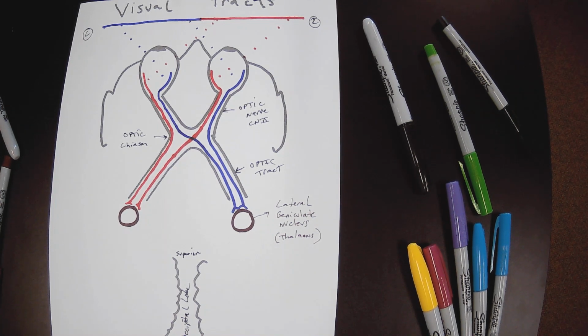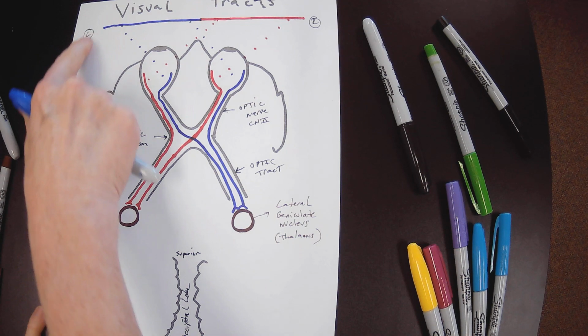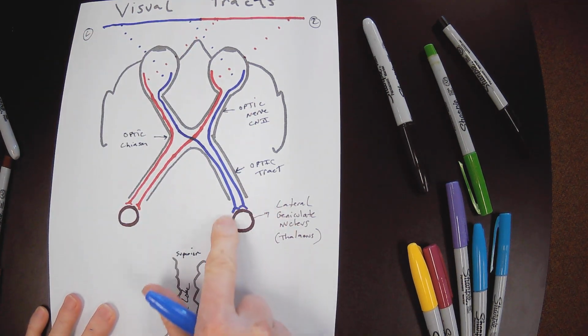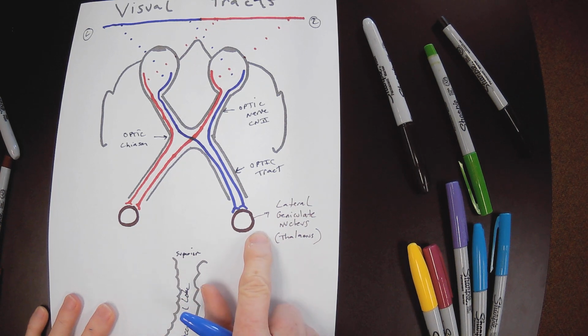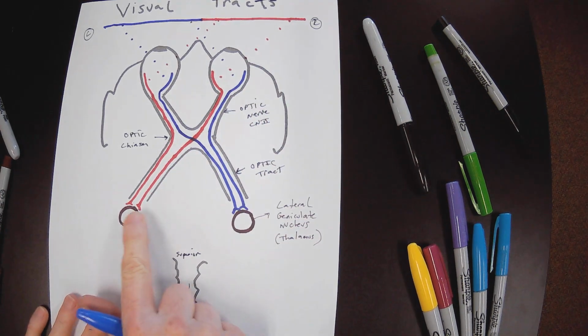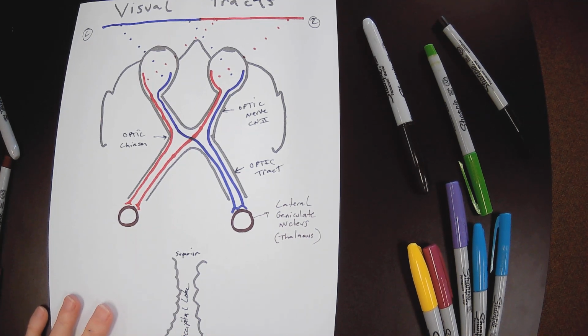Okay, so at the level of the thalamus, what you have is that the left visual field is synapsed with the contralateral thalamic nucleus. And the right visual field, all of it, synapsed with the contralateral lateral geniculate nucleus. Everybody see that?